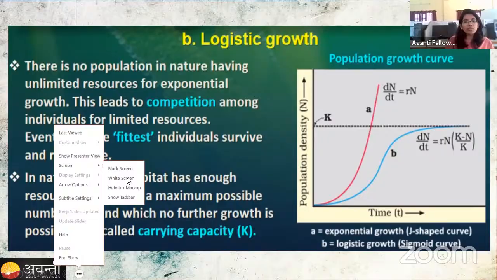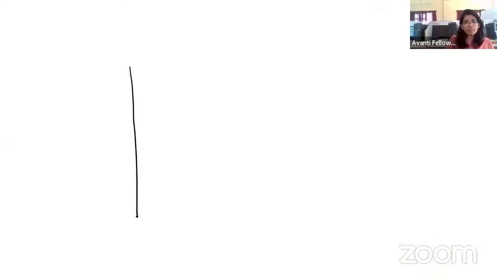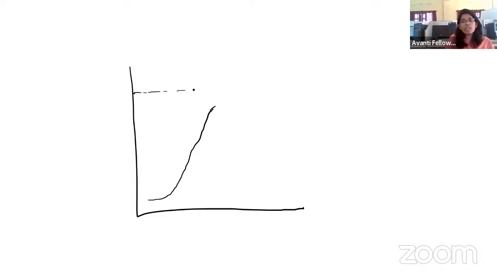Now let me tell you how to write it. Initially, the population in a particular area with particular food and everything starts to grow slowly, and then they attain maturity and increase according to this. After some time, this is where all the resources will get empty.